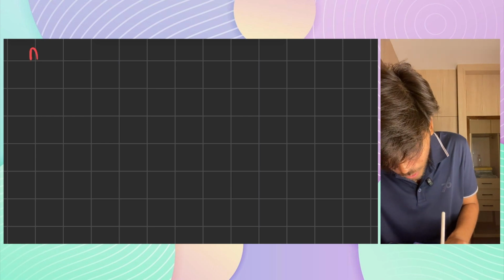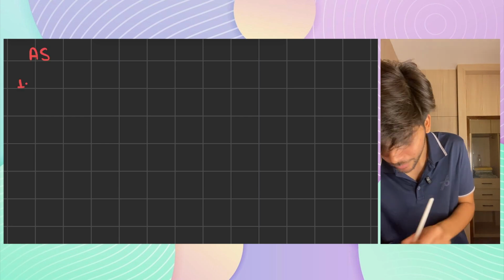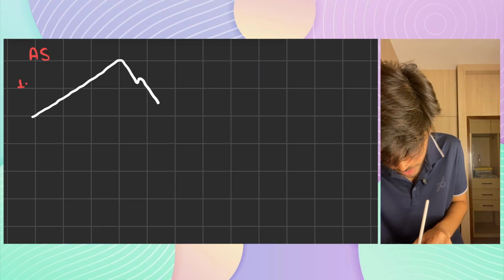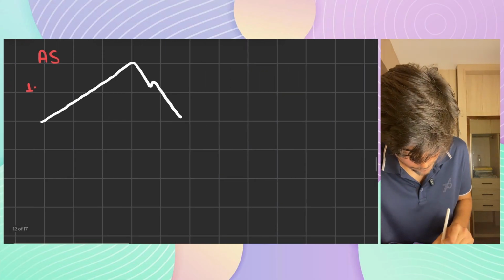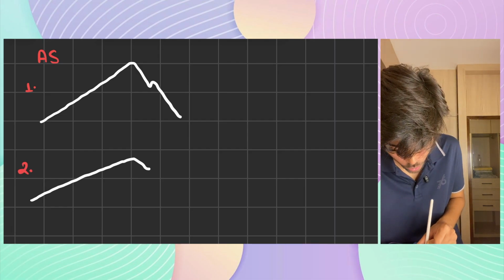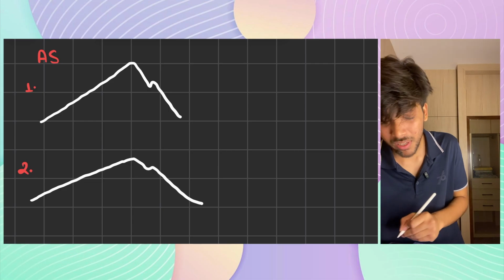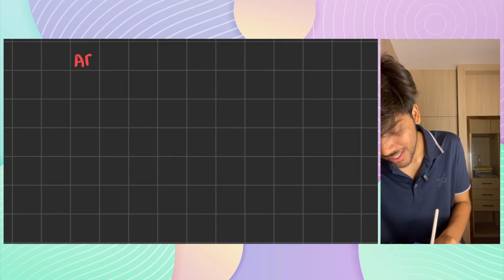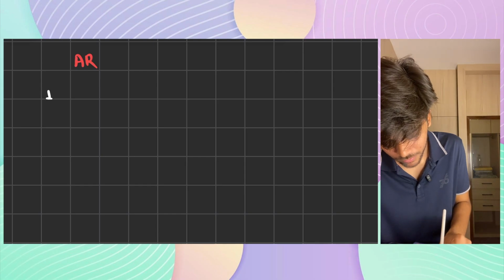First, in aortic stenosis, you had pulsus tardus, which is a slow rising pulse. Number 2, pulsus parvus et tardus, which is a slow rising and a low peaking pulse, also referred to as pulsus anacroticus.